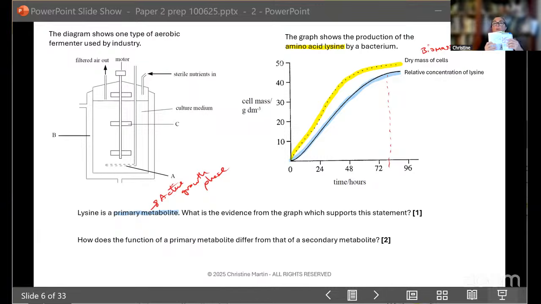So for example, they may decide to use one of these pictures in the exam. The other one that they love to do, which comes up all the time, is, hold on, I've gone to the wrong place. I want photosynthesis. Where are you? Photosynthesis.